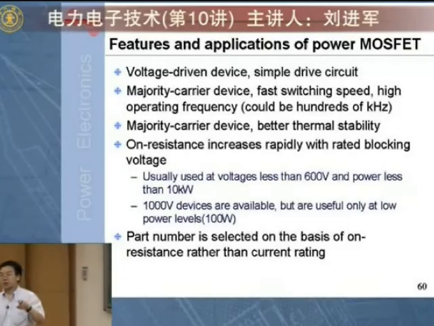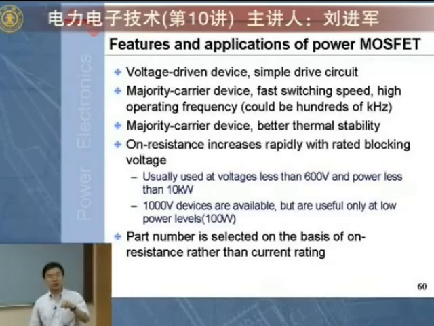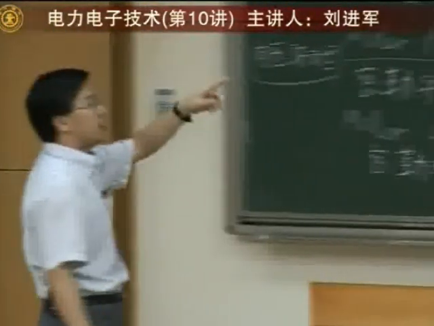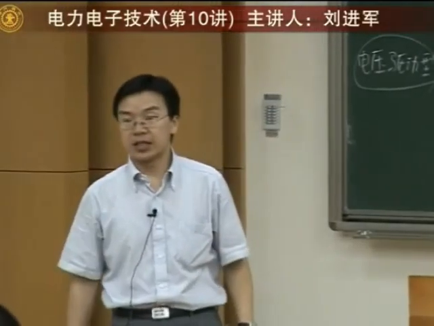Remember, when we talk about thyristor, GTR, and GTO, we always say we have to inject current to the gate, either positive current or reverse current. So we have to always provide current to control the device. But here, for MOSFET, the gate is insulated, actually.